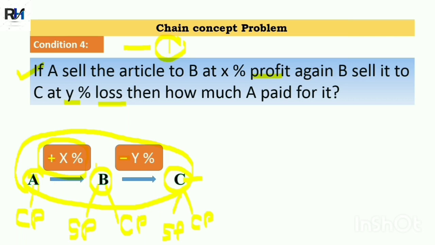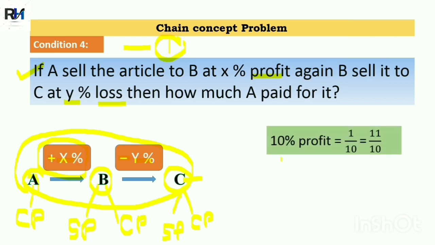Now we have to look at the X% or Y%, that is the profit or loss, and how we have to represent it. Here I have written X%, but for an example I have taken a 10% profit to understand better. Now we represent 10% as 10 by 100. After cancelling the 10, we get 1 by 10.